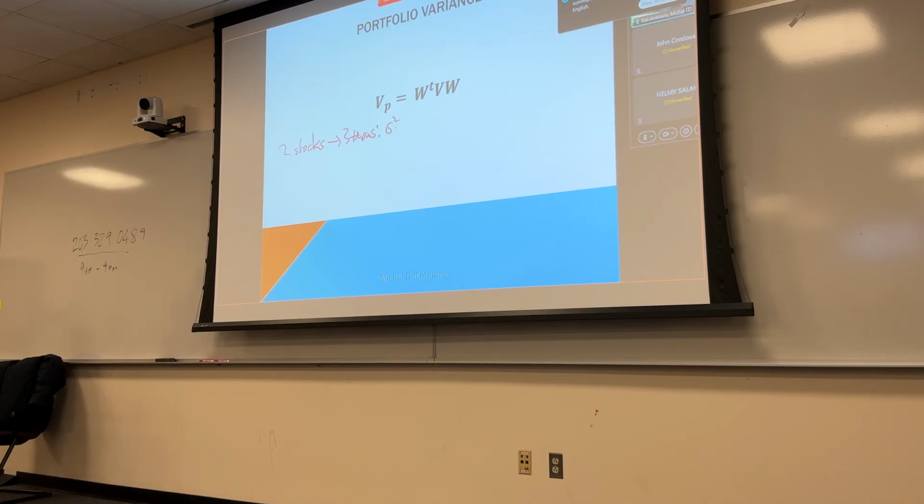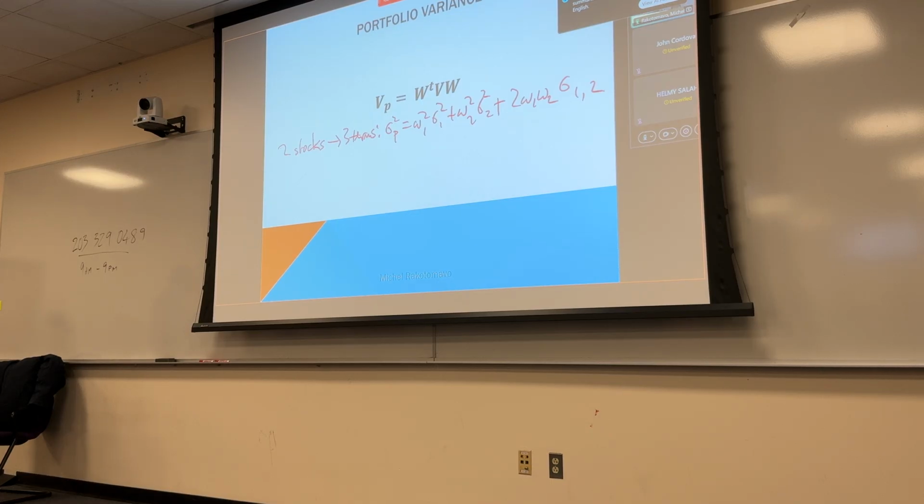It looks something like this. Variance of the portfolio is weight squared of the first stock times the variance. So that's the first term, and then weight of the second stock squared times the variance of the second stock, and then the cross product. So 2 times the cross product of weights times the covariance between 1 and 2.